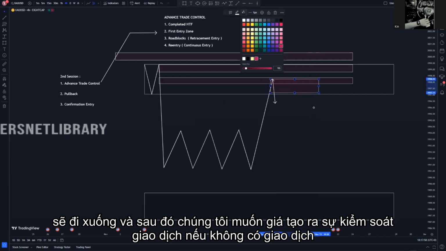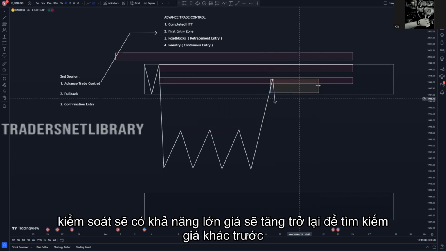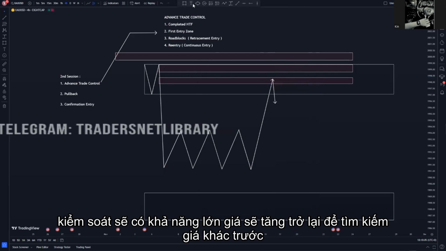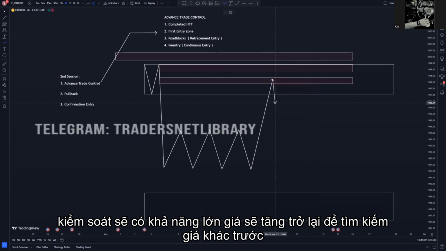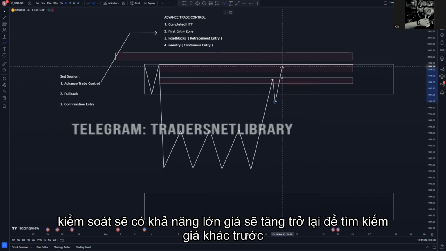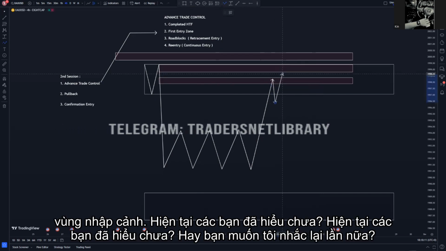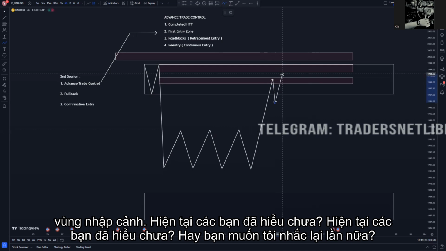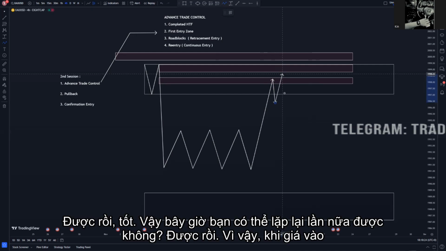If there is no trade control, there will be a big possibility for the price to go up again to look for another first entry zone. For now, do you guys get it? Or do you want me to repeat again?